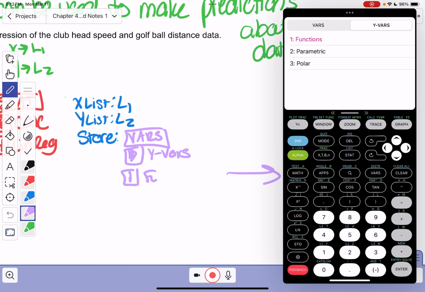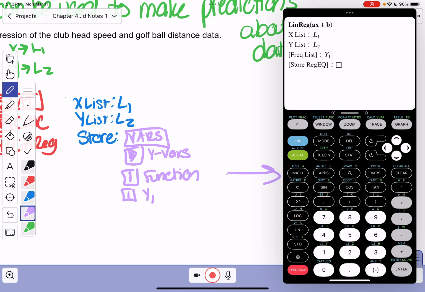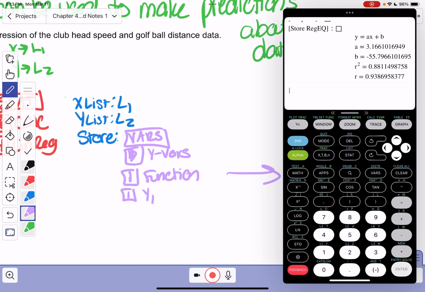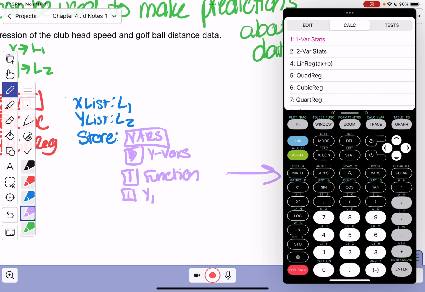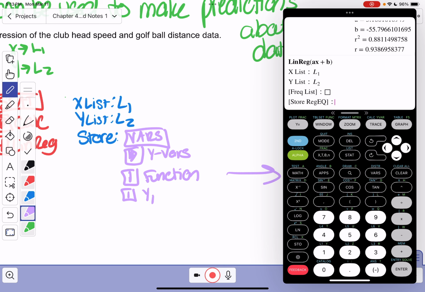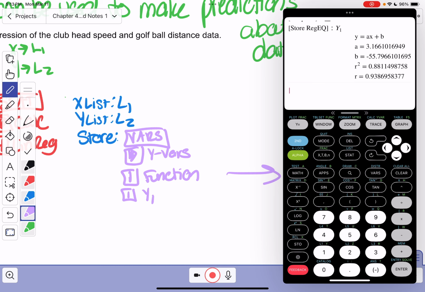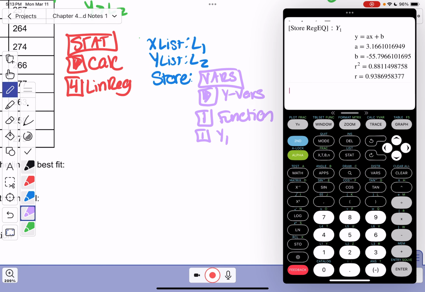Choose 1 for function, and choose 1 for y1. That's going to go in the store, not in the frequency list. By putting that in the store, that's going to say, hey, calculator, I want you to write whatever you get for the function in y1. Then you hit enter on calculate, and you get this.